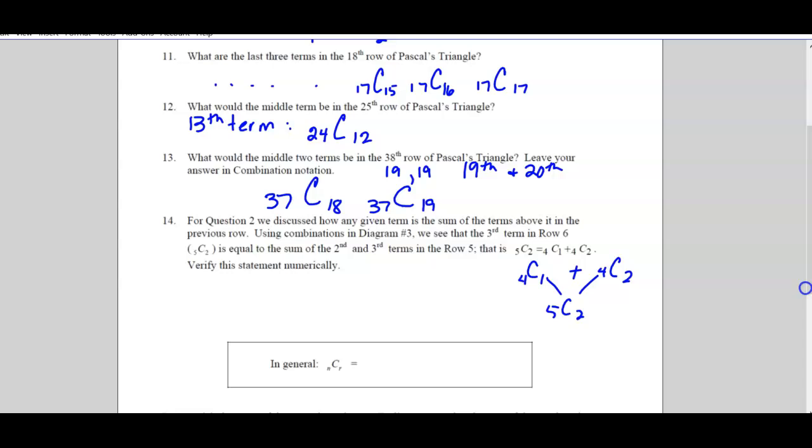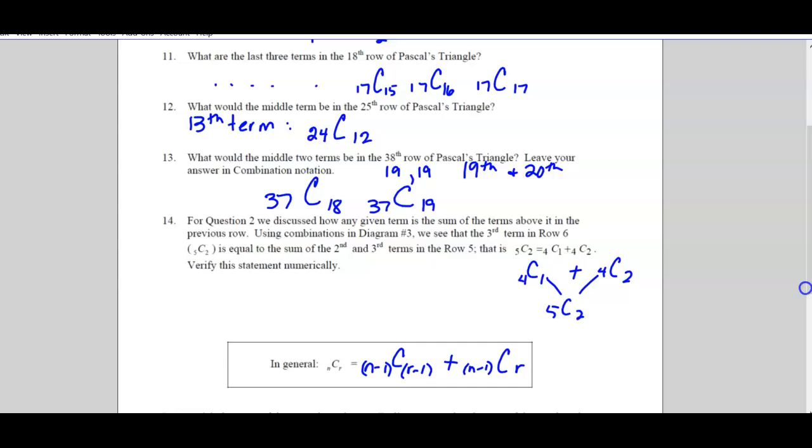Okay, so if you are finding a particular term based on the previous row values, then we have to go into the previous row. So if we're calling this NCR, then this would be N minus 1 C R minus 1 plus N minus 1 C R. Okay.